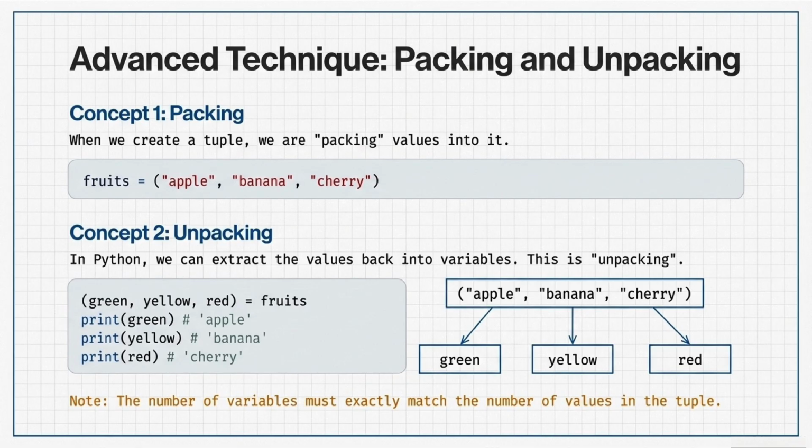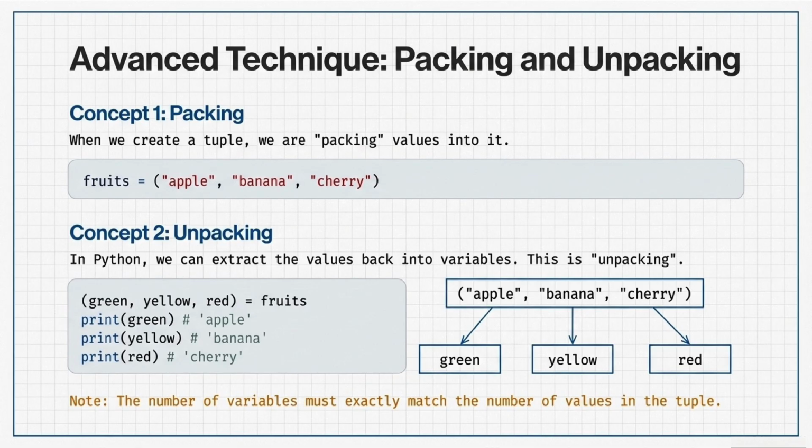Unpacking is the reverse process where the values stored in a tuple are assigned to individual variables. In Python, this can be done by listing the variable names on the left hand side of the assignment and the tuple on the right hand side. For instance, using (green, yellow, red) = fruits assigns apple to green, banana to yellow and cherry to red.